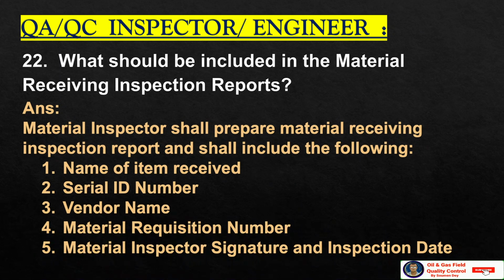What should be included in the material receiving inspection reports? The material inspector shall prepare the material receiving inspection report and shall include the following as a minimum: name of the item received, serial ID number, vendor name, material requisition number, material inspector signature and inspection date.